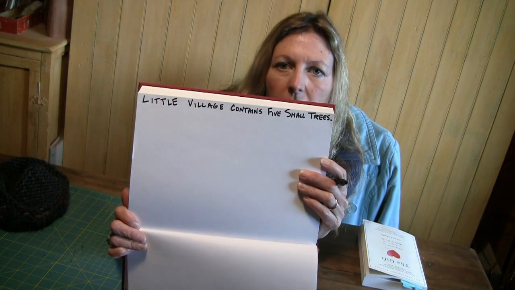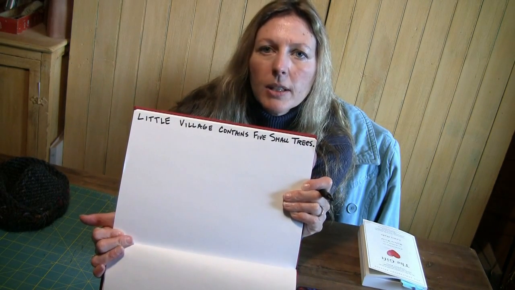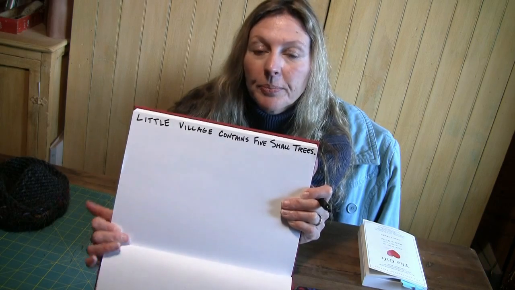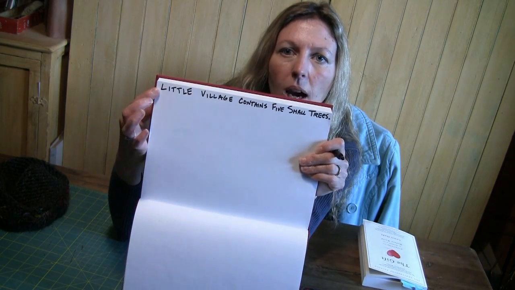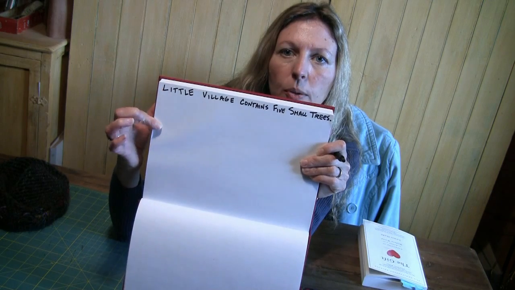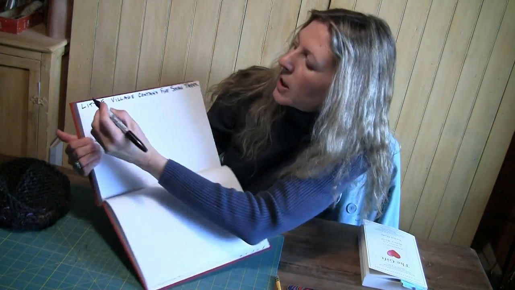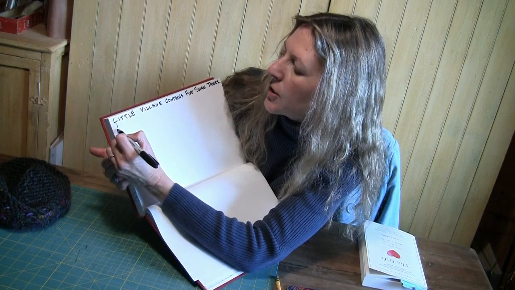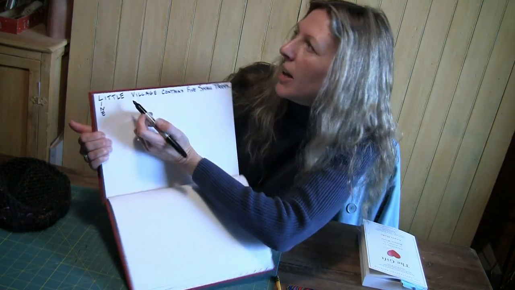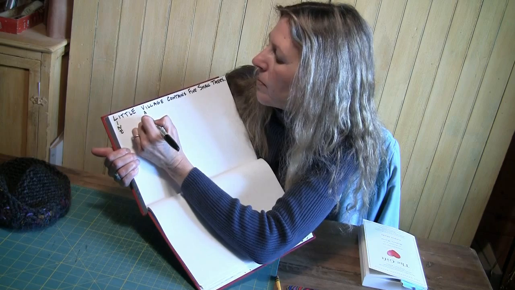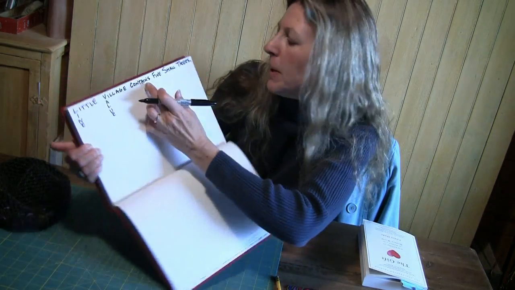The reason that you're doing that is because each one of those words corresponds with one of the elements of art. So then if you take your pencil and you write vertically downward from each one of those what the elements are. So from little, I'm going to write line straight down. From village, I'm going to write value. From contains, I'm going to write color.